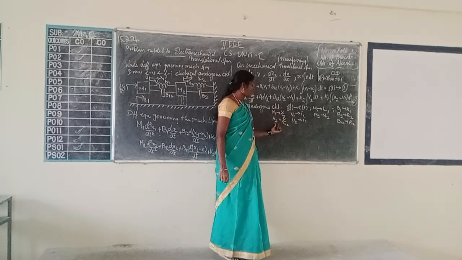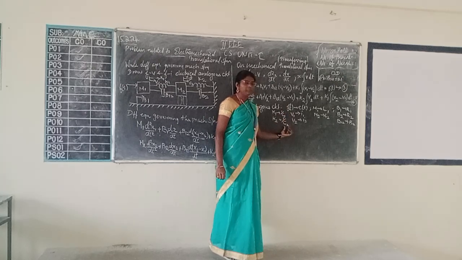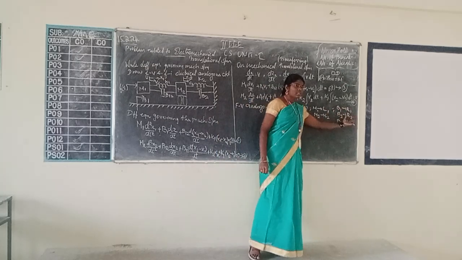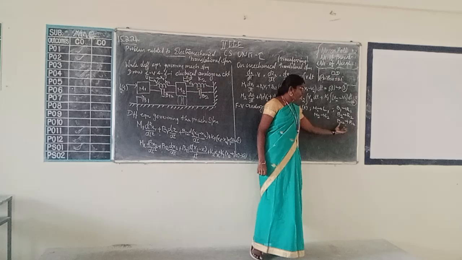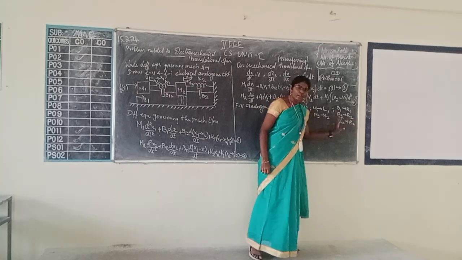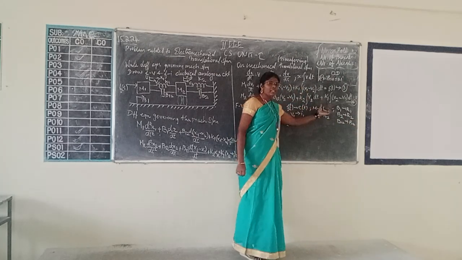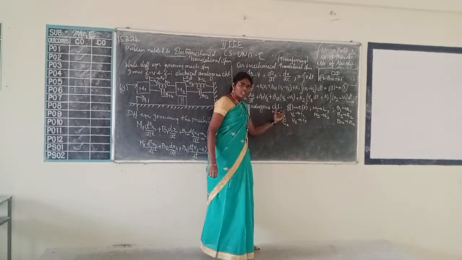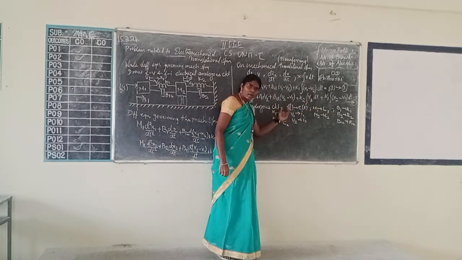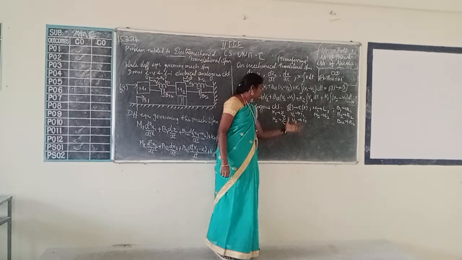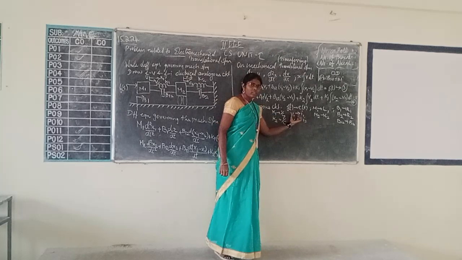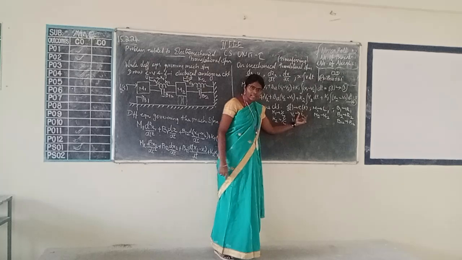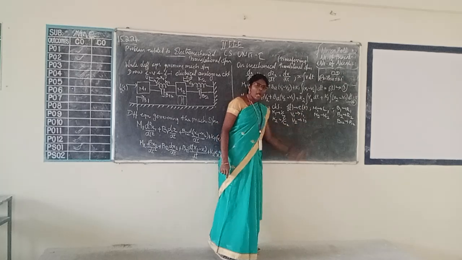So for B1, resistance R1, and for B2, resistance R2. If it is B12, the resistance is R12, and like mass M1 means L1, M2 means L2, and spring is the reciprocal of capacitance. So K1 means 1 by C1, K2 means 1 by C2, and velocity V1 means current I1, so V2 means I2.